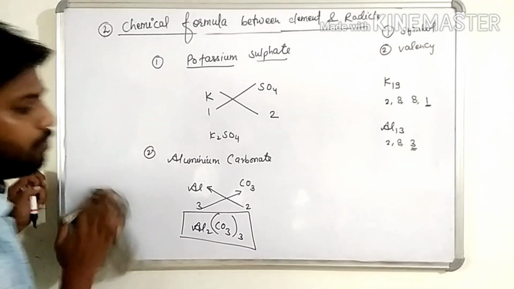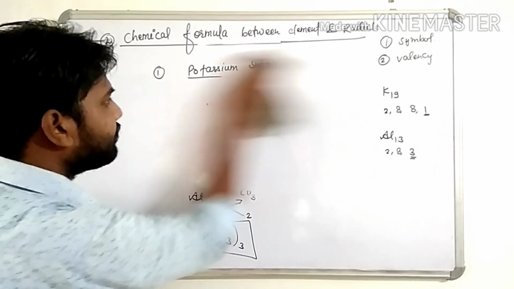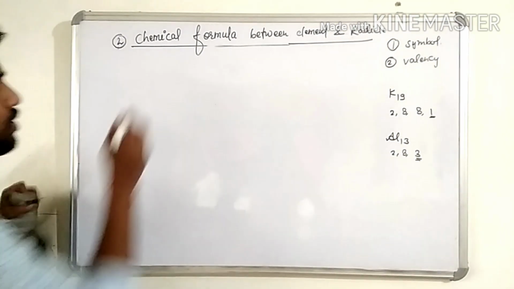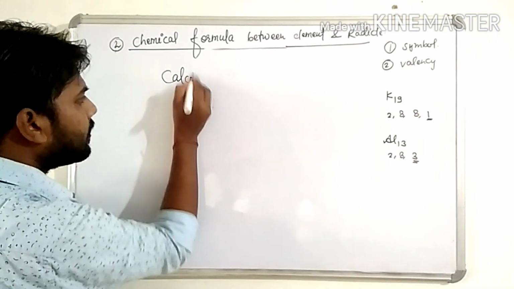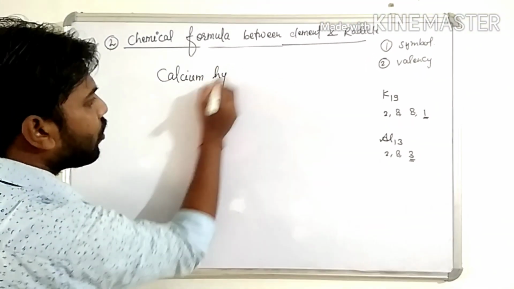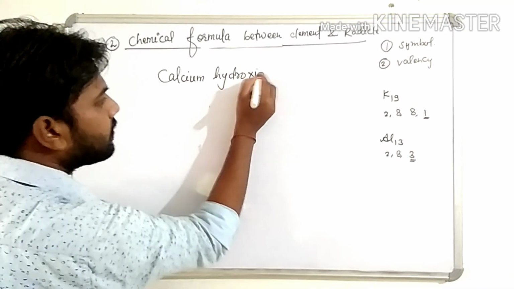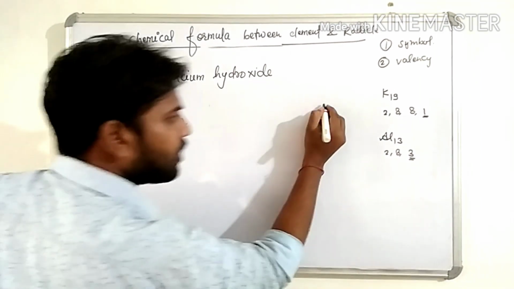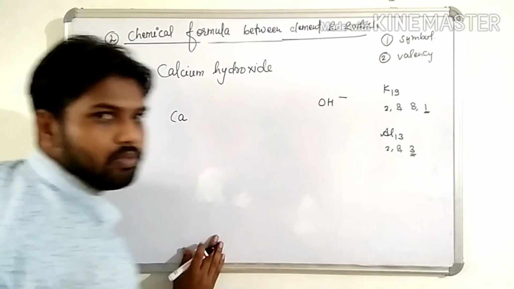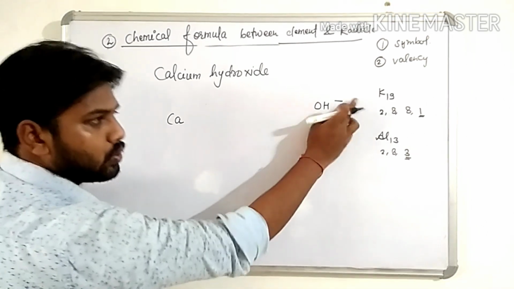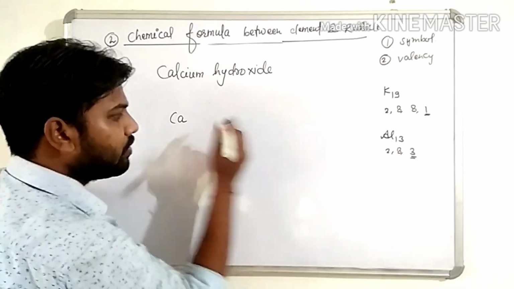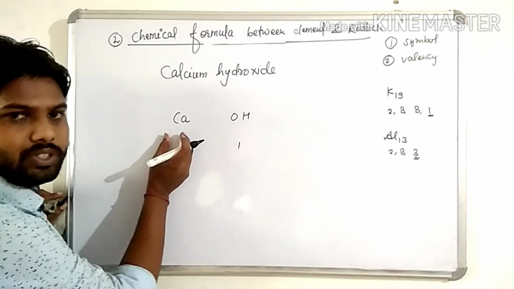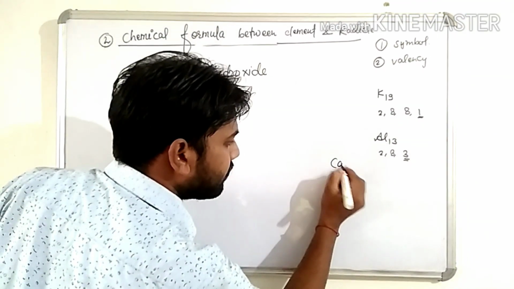Clear? Now let's see another example. Calcium hydroxide. Calcium Ca, hydroxide, children, OH minus. It is a radical, so minus means one. You can write 1. Now find out the valency of calcium.